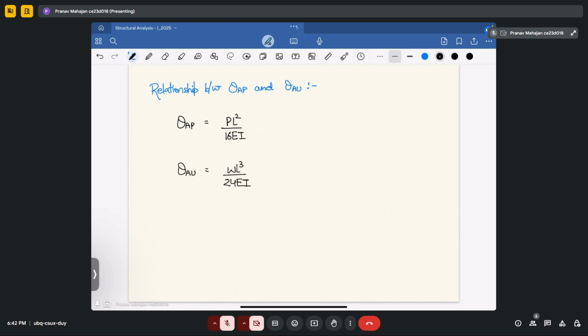So let's divide both of them. What will you get, we will see now. So theta AP upon theta AU will be equal to PL square divided by 16 EI into 24 EI divided by WL cube.